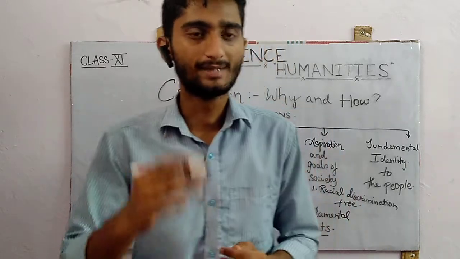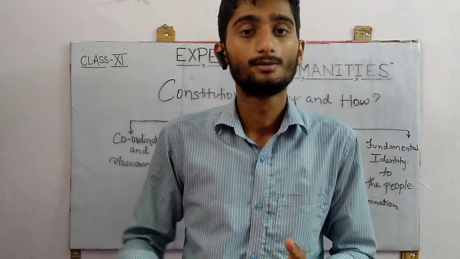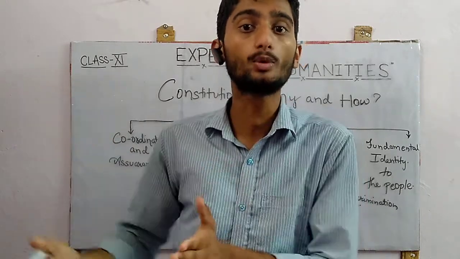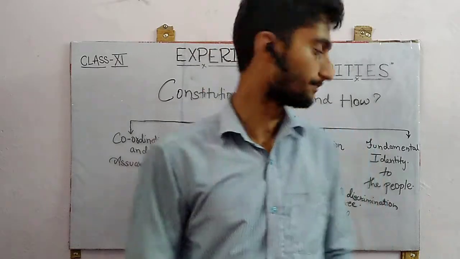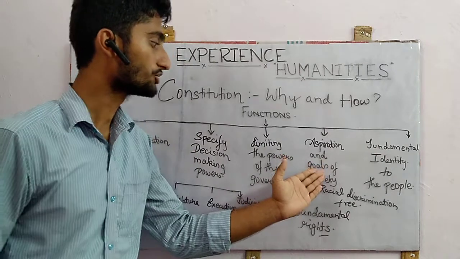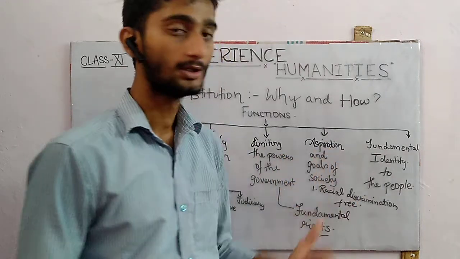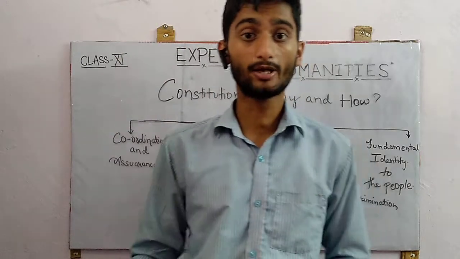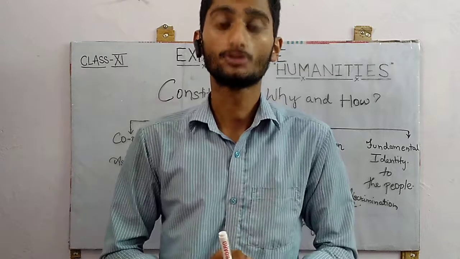Now, there is also gender bias, that is women are not given equal representation in some societies. So this is also done by our Constitution, by aspiration and goals of the society. This is the function which protects, as nowadays women are also given equal representation in every part of the society.